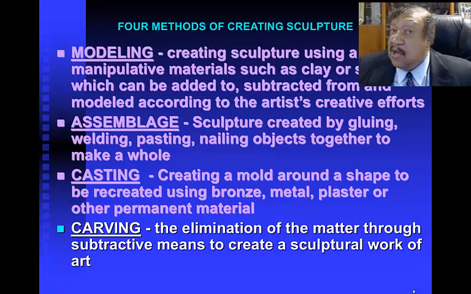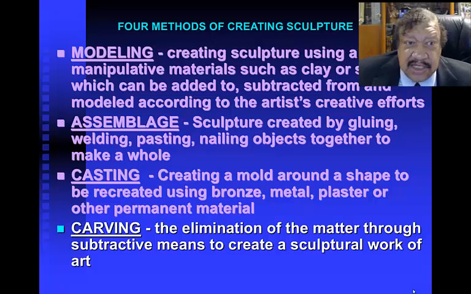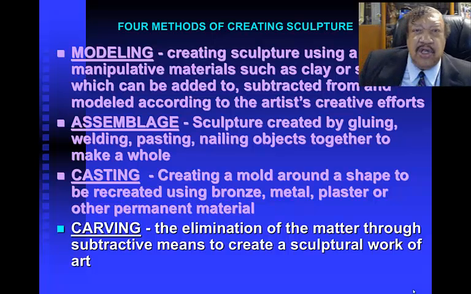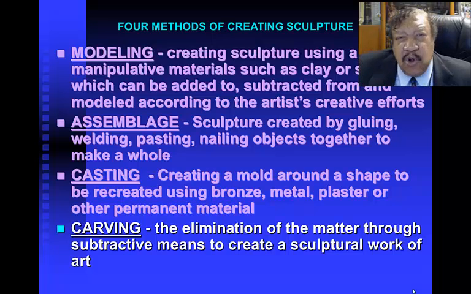And then last, which is the most difficult way of creating sculpture, and that is the elimination of subject matter through carving. Now, three of these, modeling, assemblage, and casting, are what we call additive methods of creating sculpture. You add to something in order to create it.